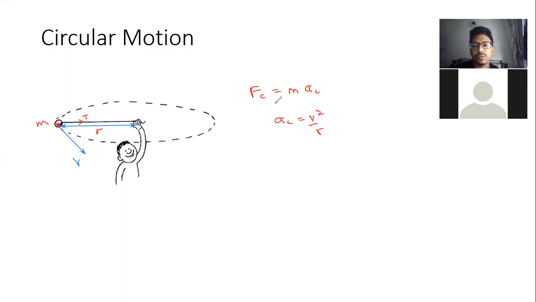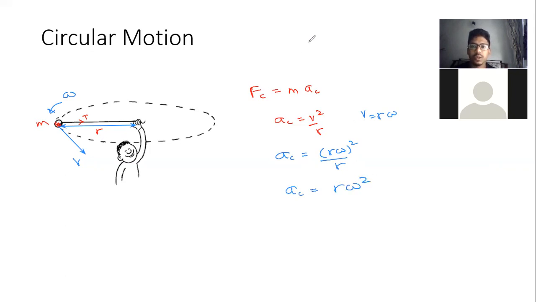Okay, and also I can write, we know v equals r omega, if let's say this is moving with a constant angular velocity omega. Therefore, ac equals, instead of v, I'm using r omega divided by r, so centripetal acceleration we can write as r omega squared.